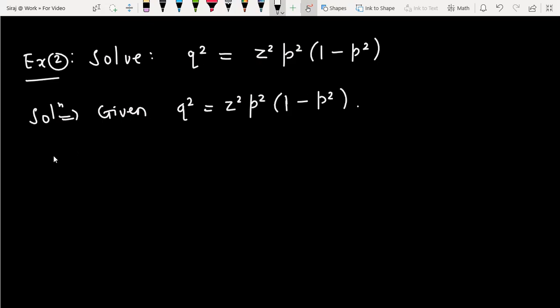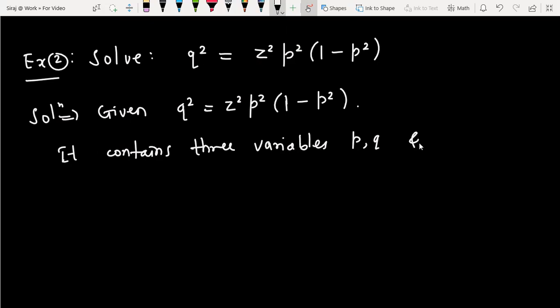Now clearly we can say that this equation contains three variables p, q and z.